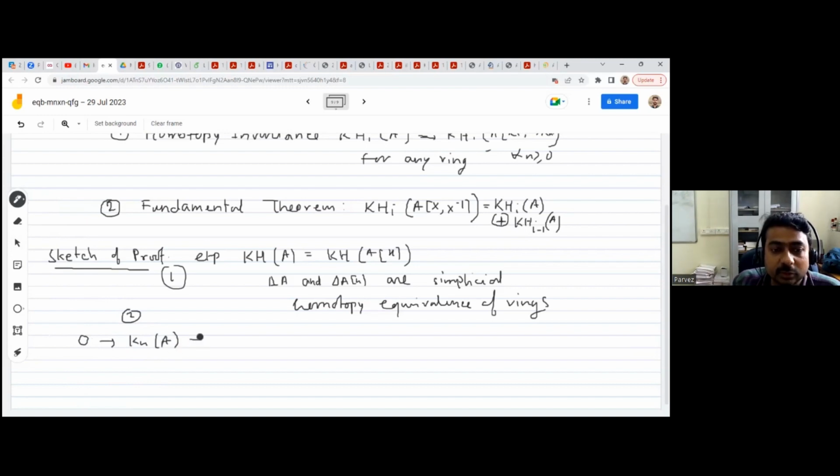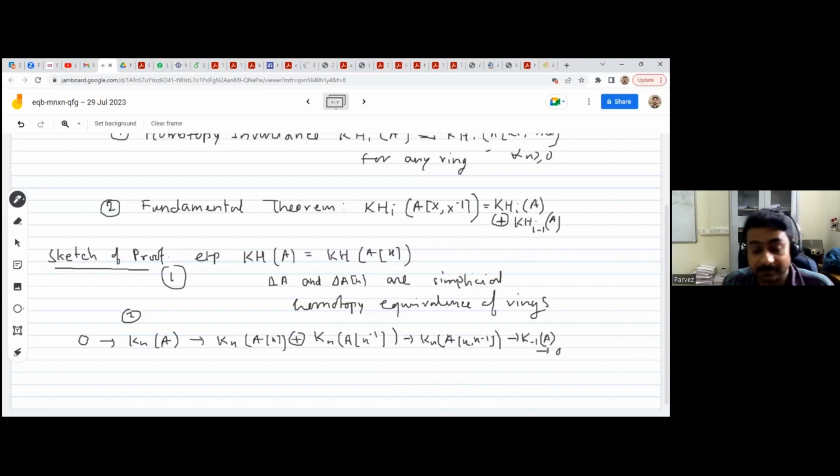So this is true for all n, right? 0 to K_n(A), to K_n(A[x]) direct sum K_n(A[x^{-1}]), to K_n(A[x,x^{-1}]), to K_{n-1}(A), to 0.